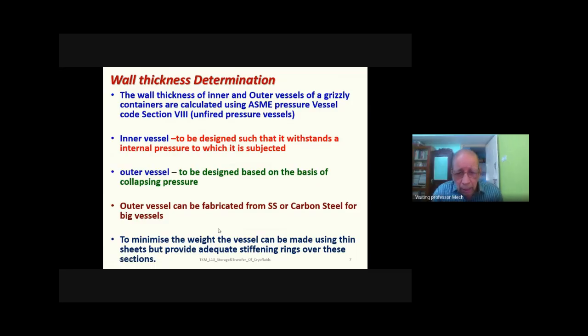The outer vessel can be fabricated either from stainless steel or from carbon steel for big capacity vessels, because stainless steel fabrication may be quite expensive. So carbon steel also can be used, but one has to make sure that wherever there is cryogenic fluid entry, in those zones it is not carbon steel. That is, you should have stainless steel in that zone, because carbon steel undergoes a ductile to brittle transition around 100 Kelvin.